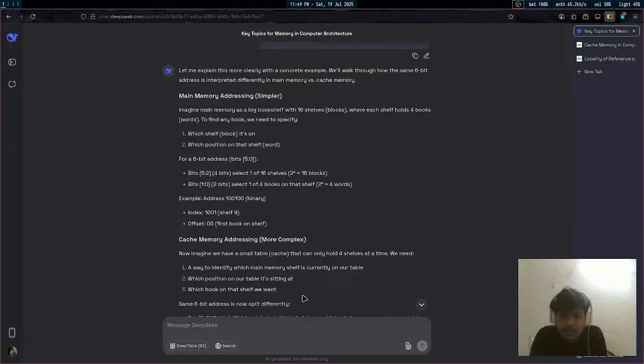A way to identify which main memory block is currently on a table. Table, cache, okay, sure. Which position on our table it's sitting at.